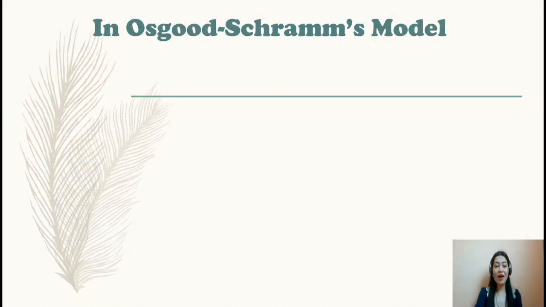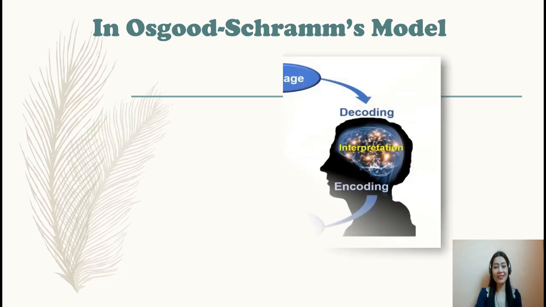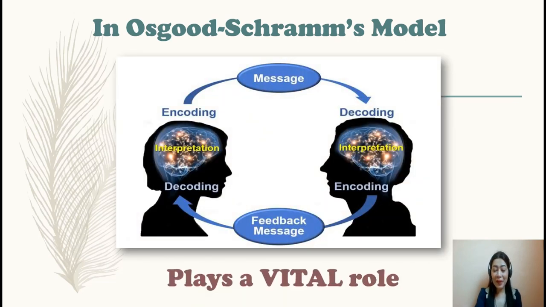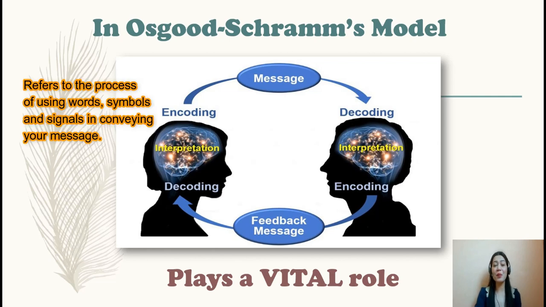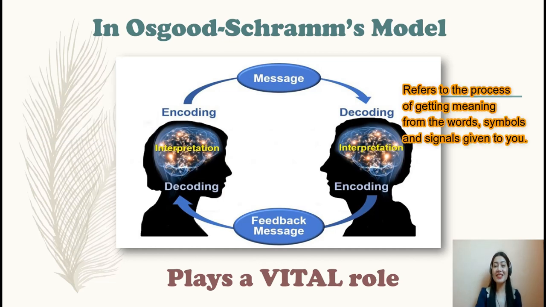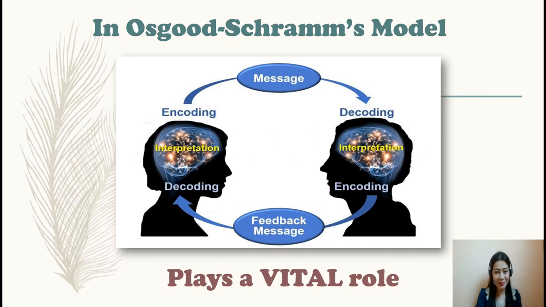Next, in Osgood-Schramm's model, encoding and decoding play a vital role. You are familiar with these two elements, right? Again, encoding refers to the process of using words, symbols, and signals in conveying your message, while decoding is the process of getting meaning from the words, symbols, and signals given to you.